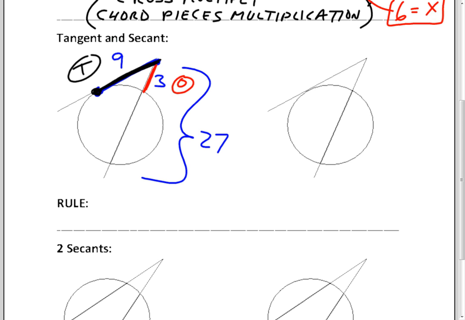And we're going to call this distance from here all the way through to here, from this point to this point, the secant, and I'm going to define it as the whole. So from here to here, we'll call the whole. From here to here, we'll call the outer. Here's the rule.